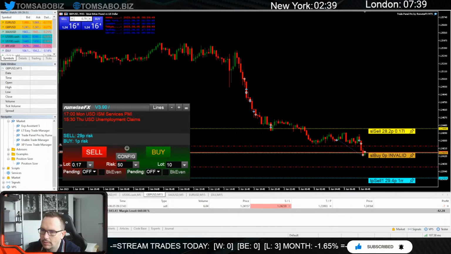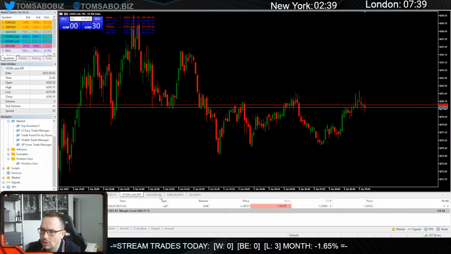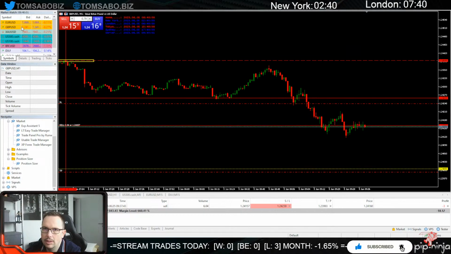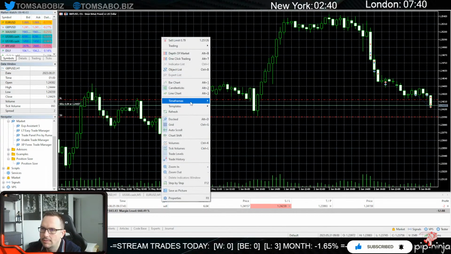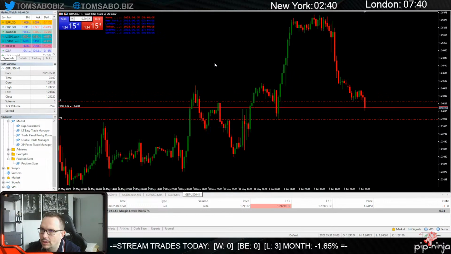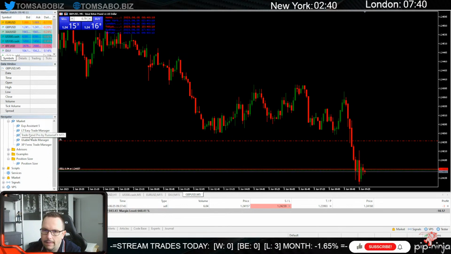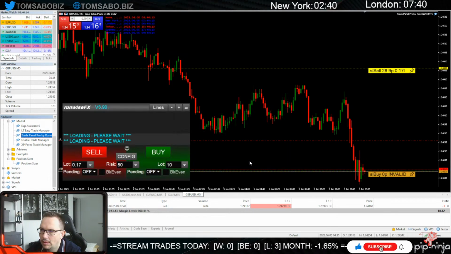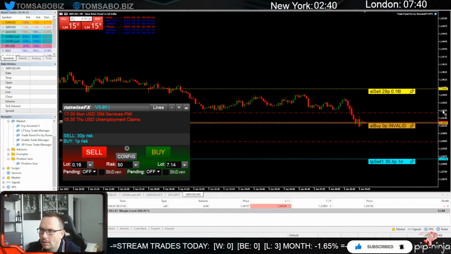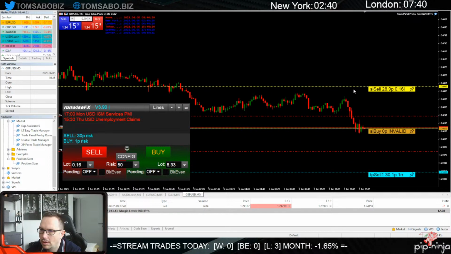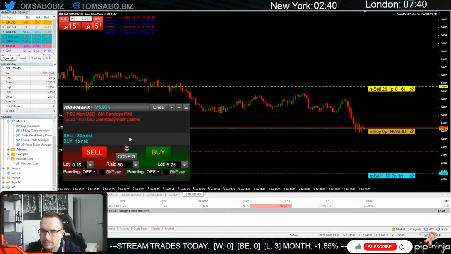Definitely interesting. All right, let's close this chart. And let's close this chart. And maybe let's try out something new. This is a test for me as well, in terms of using this trade manager tool. It's not detecting it. Very interesting.